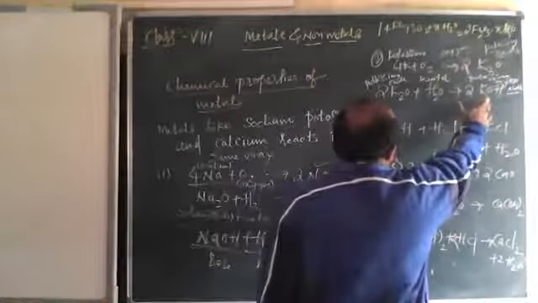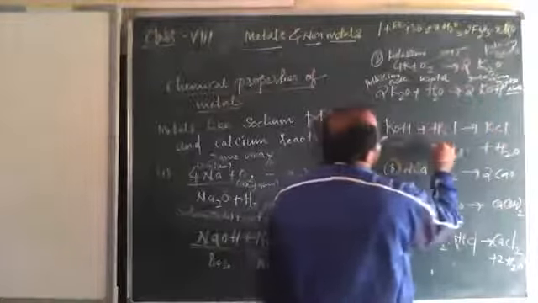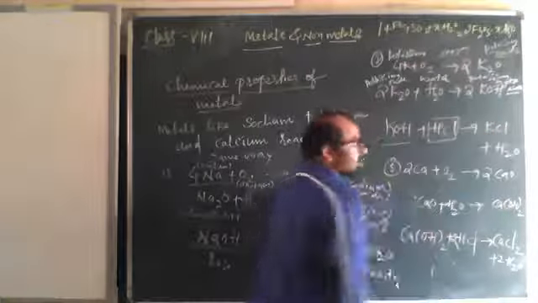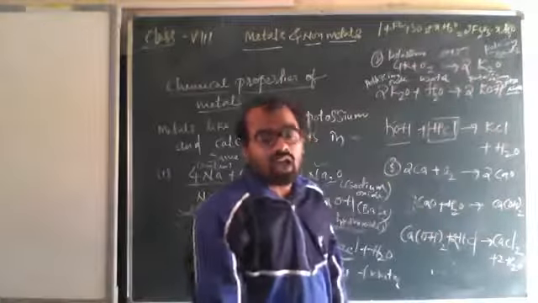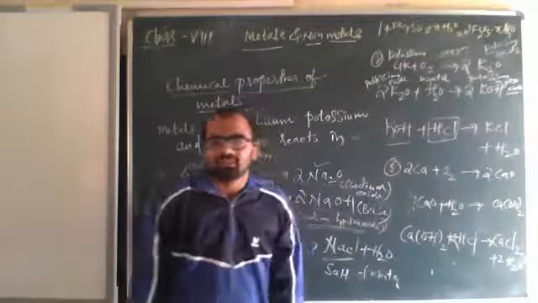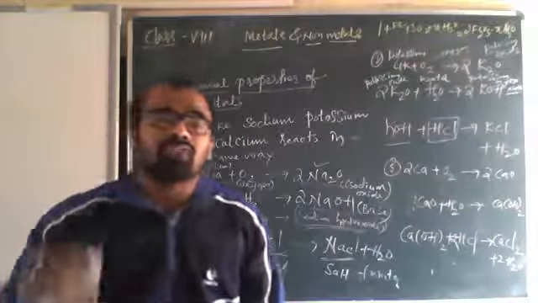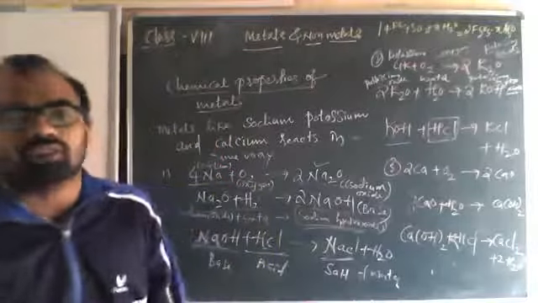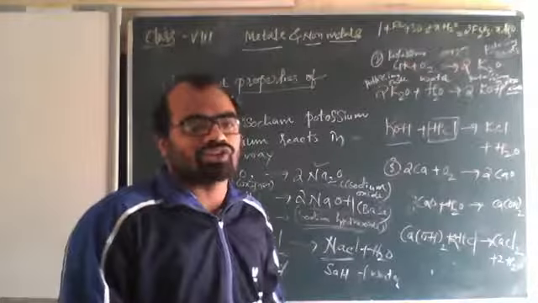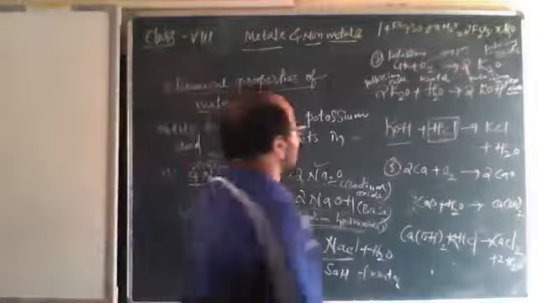Thus formed potassium hydroxide reacts with HCl, that is acid, hydrochloric acid, and that will form salt and water. KCl means potassium chloride, H2O is water.